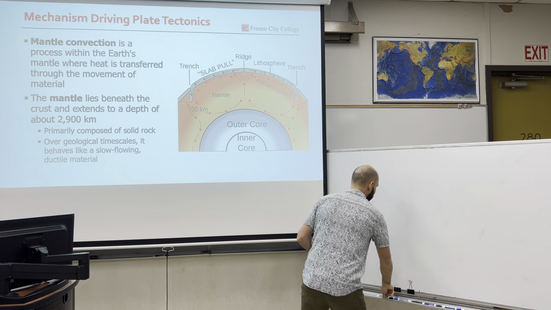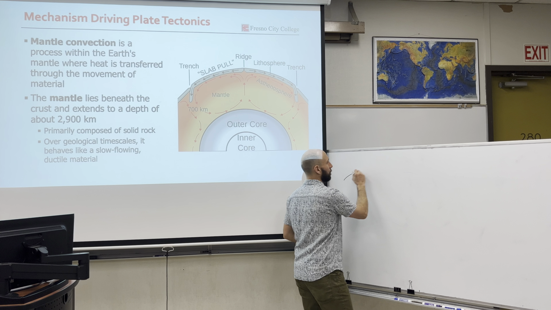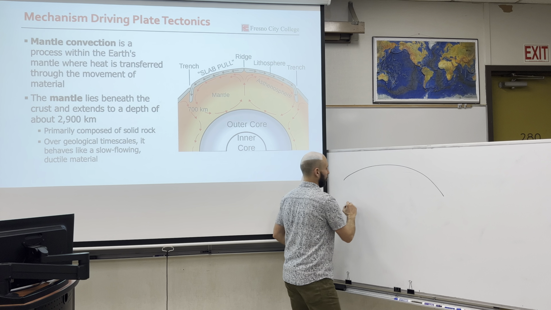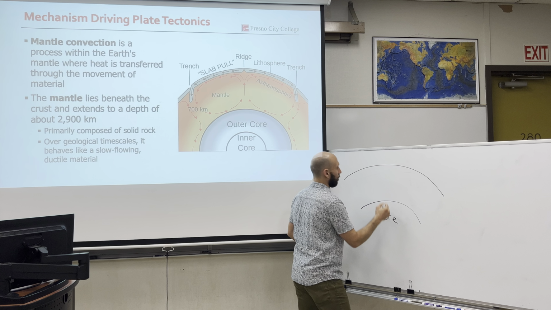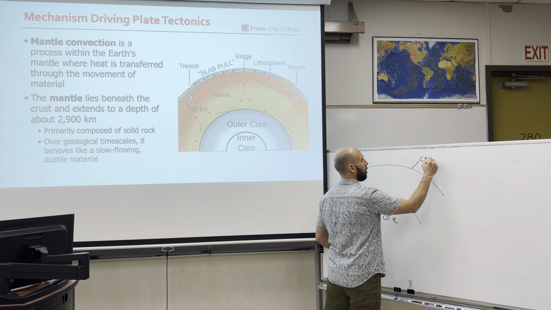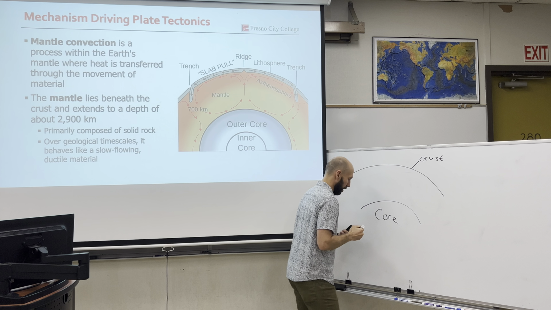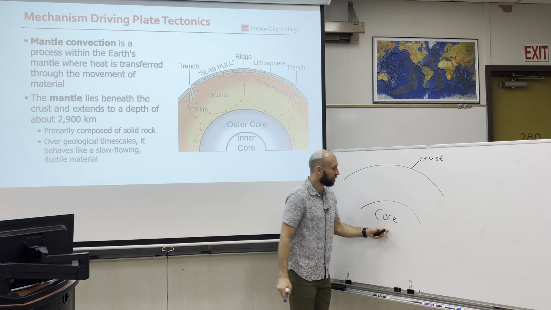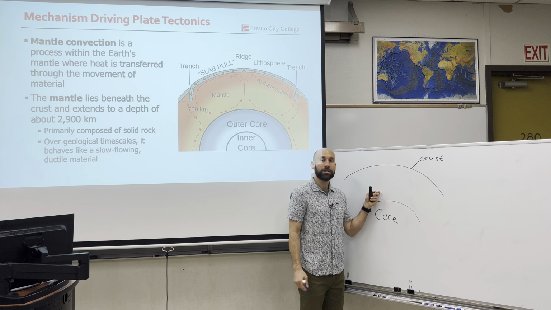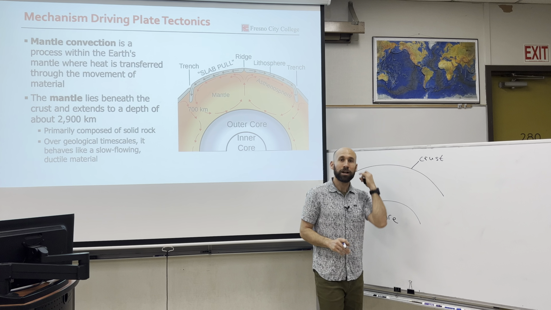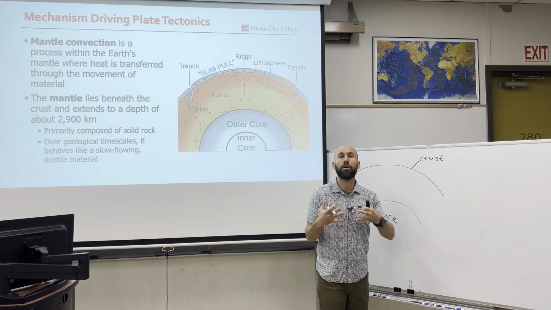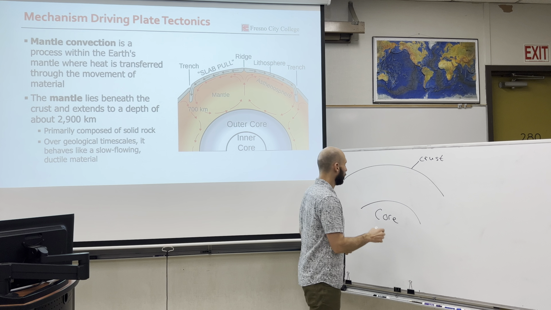Mantle convection. How about we do something like this? Here's Earth's core. The crust is up here on the surface. The core is hot. The mantle is made primarily of a rock type known as peridotite. But this rock type can actually flow very slowly over geologic time.